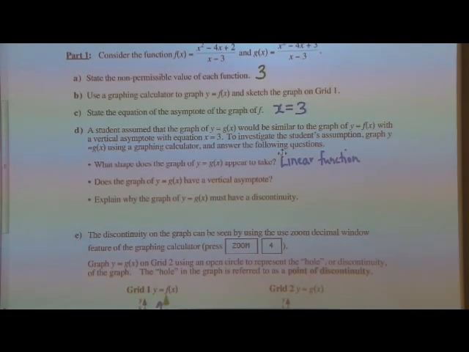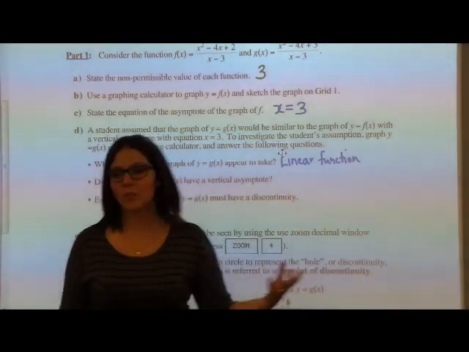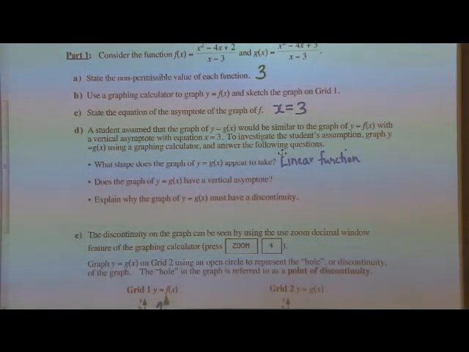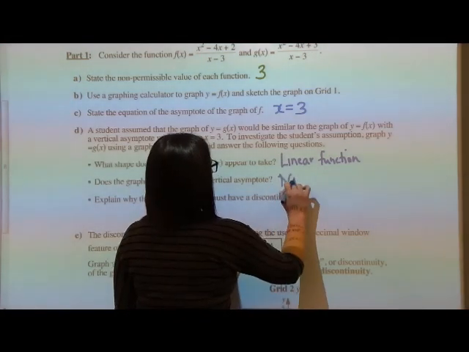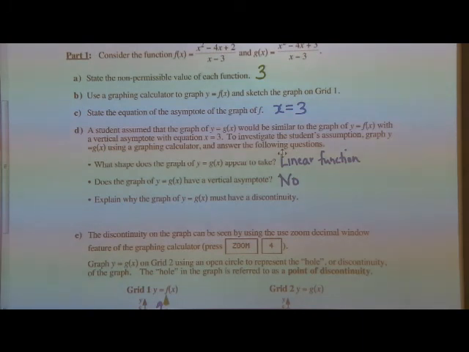So the graph appears to be a linear function. Is there a vertical asymptote? Nope. But can the graph be continuous? Does the graph exist for all values of x? No. There's a spot in the graph that does not exist.